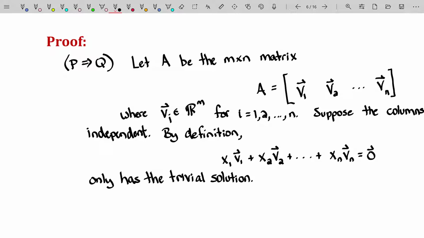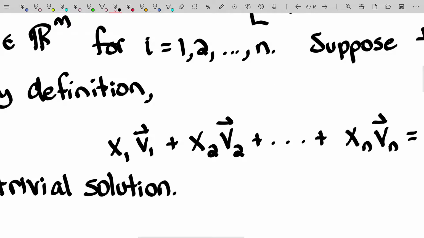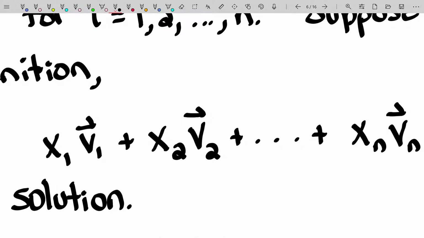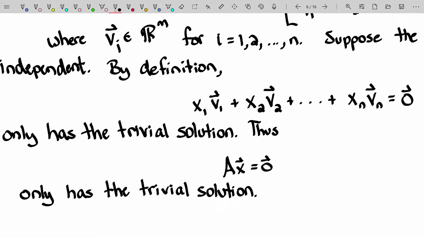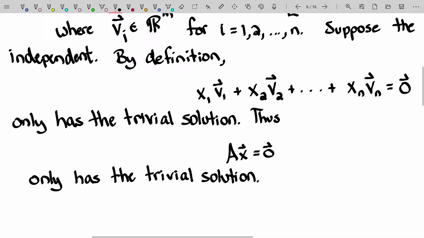But we know from matrix vector multiplication that this linear combination of the vectors v with weights x1, x2, all the way through xn can be written as follows, as AX equals 0.